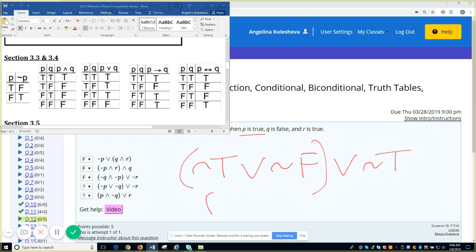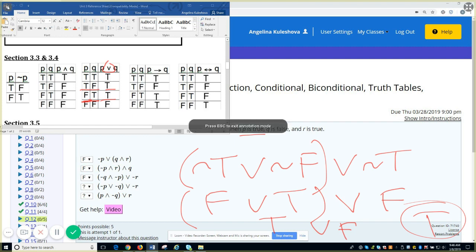So negated true becomes false, negated false becomes true, negated true becomes false. Then we got the or and the other or. All right, so inside the parentheses, where we're going to start, false or true. So the or operation, false or true, is true. And then true or false is also true. So the final answer is true.